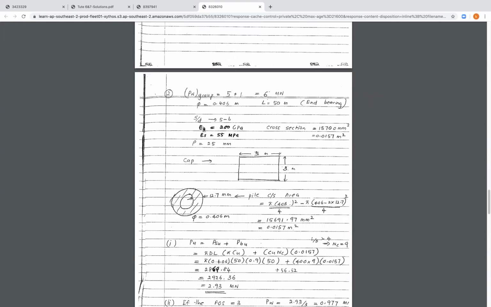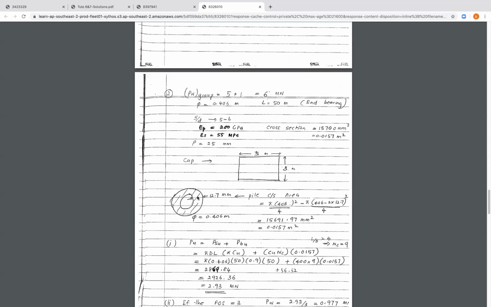We will not need the modulus of elasticity of the soil and the pile because that will be required for the settlement calculations. The cross-sectional area of the pile is given as 0.0157 meter square, and here is how to calculate that. It's from the external diameter and the internal diameter. We only need the shell area because that's where the end bearing will be calculated.